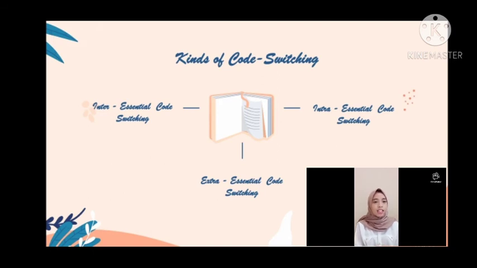Inter-sentential code switching is characterized by a switch from one language variety to another outside the sentence or the clause level in a single utterance. Whereas extra-sentential switching is inserting tag elements from one language into an otherwise monolingual discourse in another language.